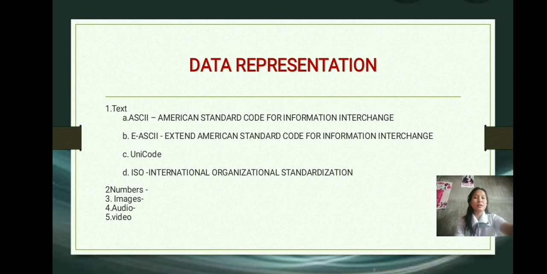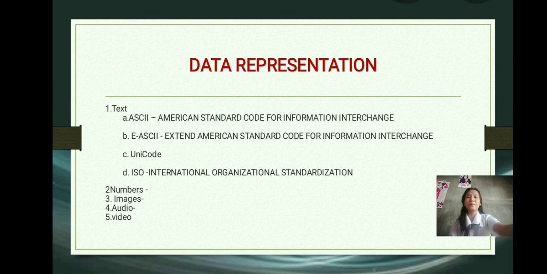And the letter C, Unicode. It is the universal character encoding standard that assigns a code to every character and symbol in every language in the world. And the letter D, the International Organization for Standardization, or the federation of national standard bodies.